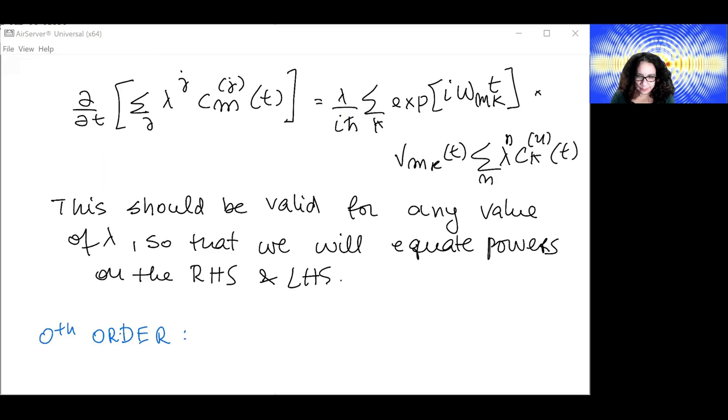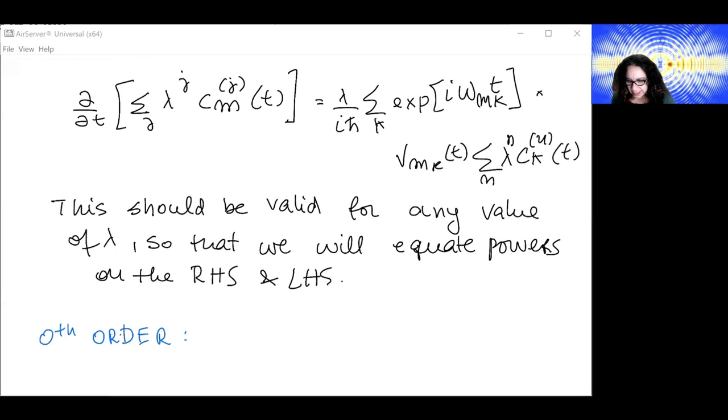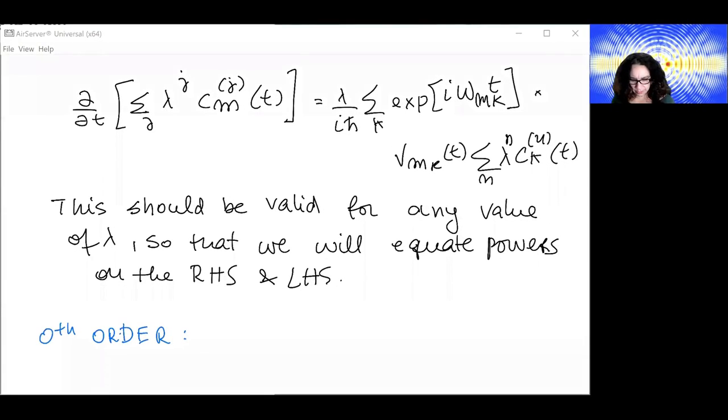Remember, this is when j is equal to 0. So if you look here on the right hand side, you don't have any term which has lambda to the power 0. So we know that for 0th order, we're going to have that C_m^(0) dot, where the dot indicates time derivative, is equal to 0.